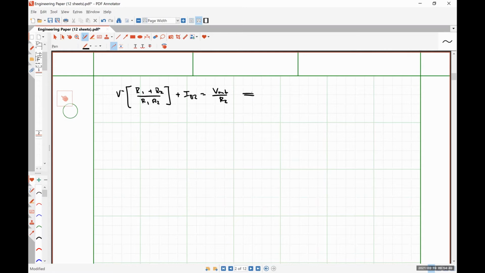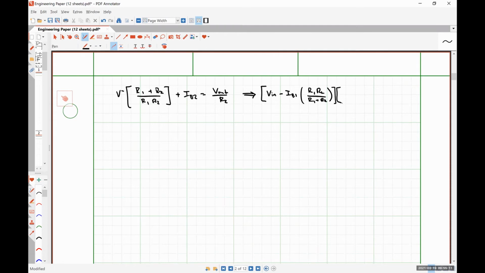I can substitute in my relationship for V minus because V minus is exactly equal to V plus, which gives me Vn minus IB1 times R1 in parallel with R2. So that's R1 R2 over R1 plus R2.